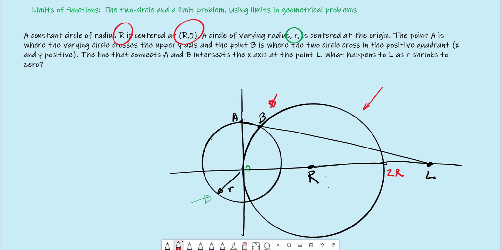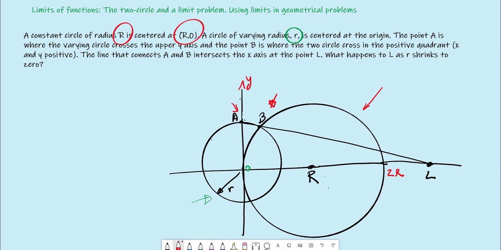And we'll take the point A, which is where the varying circle cuts into the y-axis. So this point A here, we will connect it with point B, which is where both circles cross in the upper right quadrant.